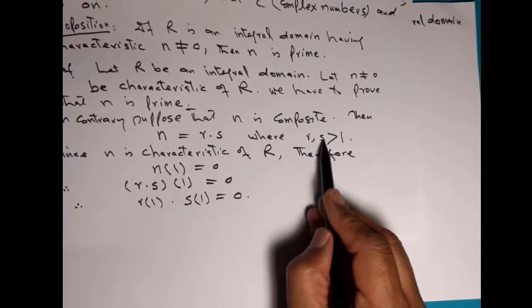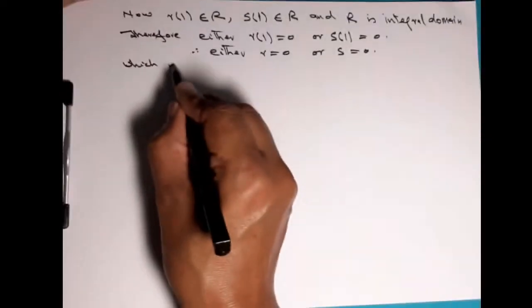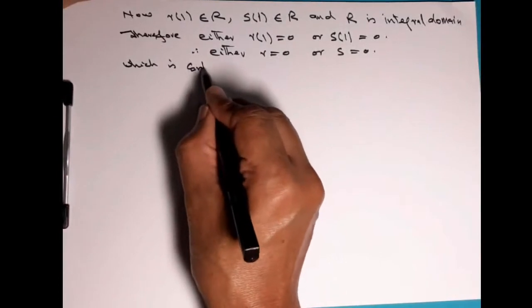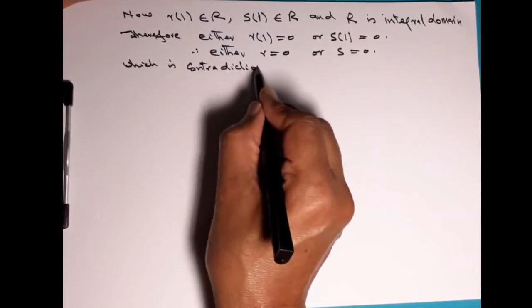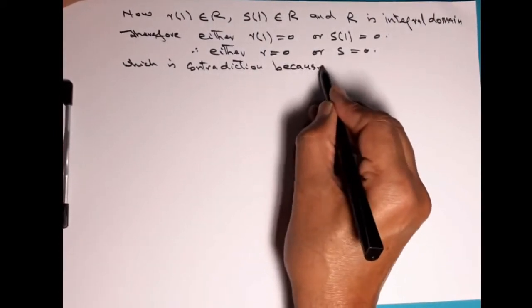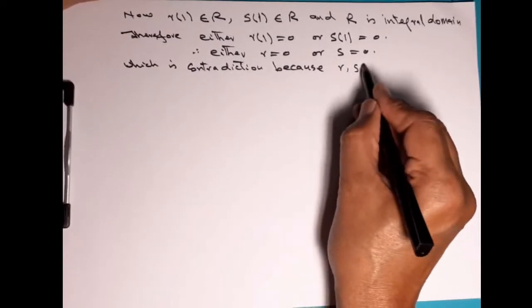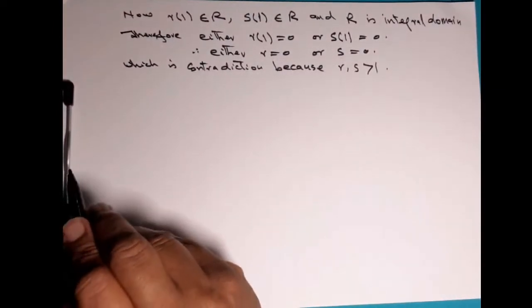This is a contradiction, because R and S, each one of them is greater than 1. So they cannot be equal to 0, which is a contradiction. So our supposition is wrong.